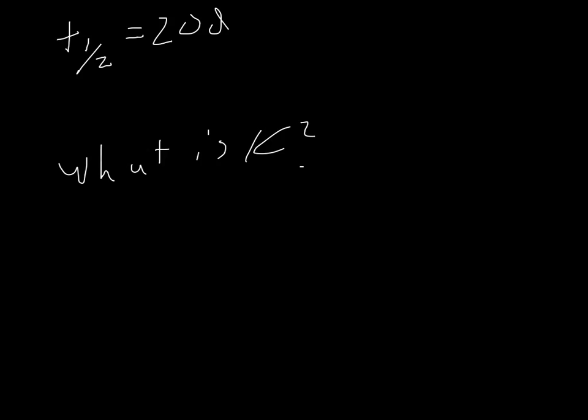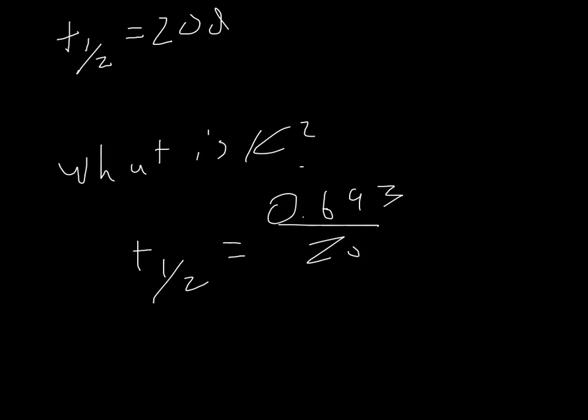Similarly, we'll practice with the other equation. If they told you the half-life is 20 days, like in the last problem, they also might ask you to solve for k, the rate constant. So you set it up. We know that the half-life is equal to 0.693 over k, so 20 equals 0.693 over k.